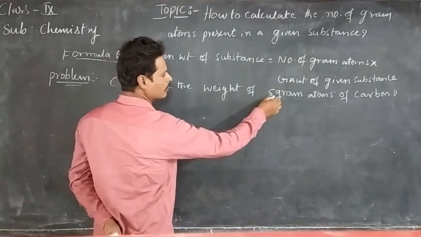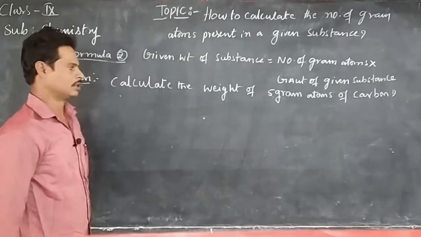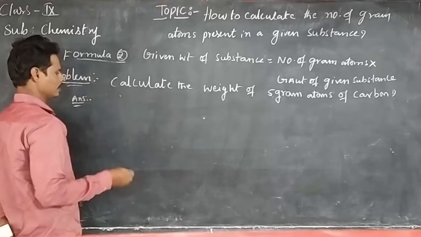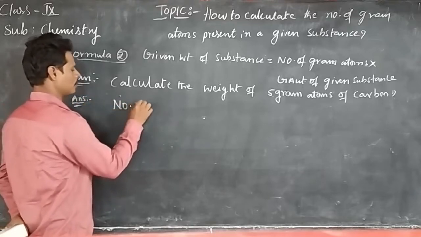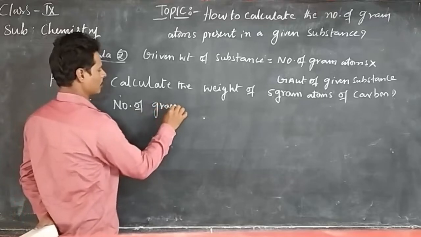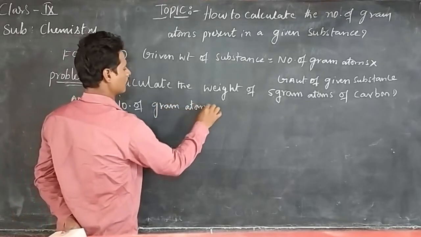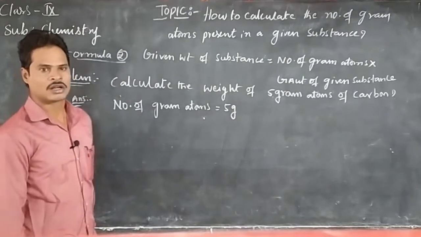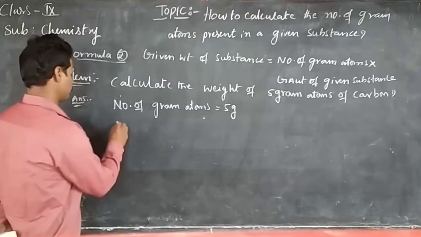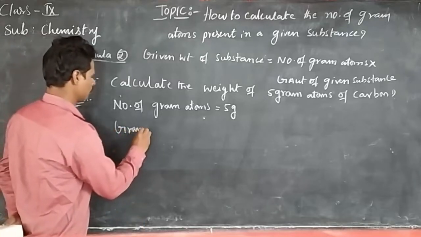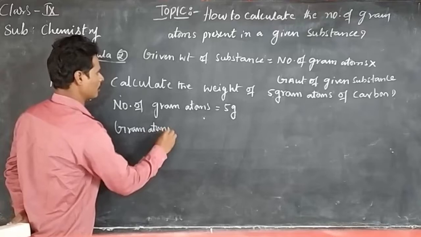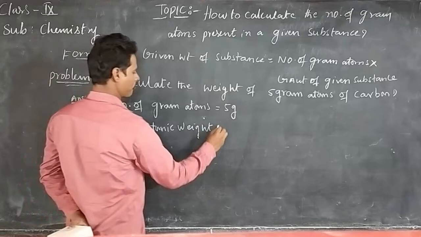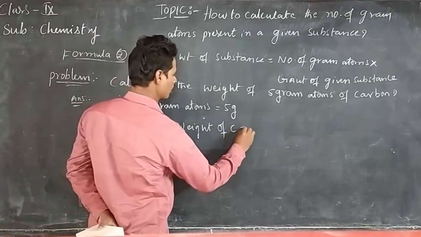Calculate the weight, but which one is given? Number of gram atoms equals 5. But we know the gram atomic weight of carbon.